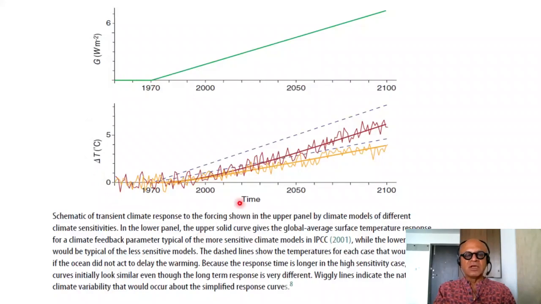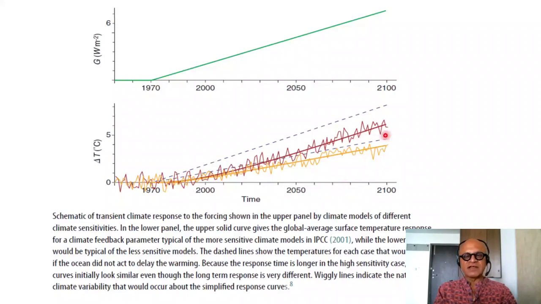In the lower panel, the upper solid curve gives the global average surface temperature response for a climate feedback parameter typical of the more sensitive climate models. Remember that the climate models have a range of climate sensitivities, so some have stronger feedback than others, while the lower curve would be typical of the less sensitive models.